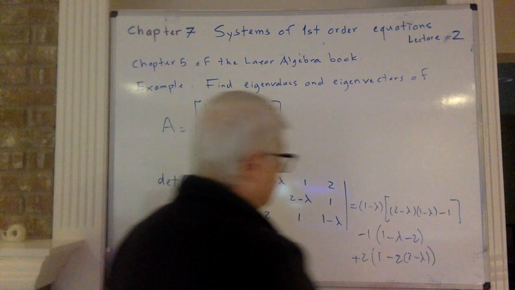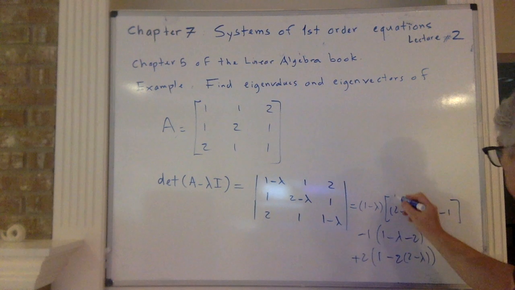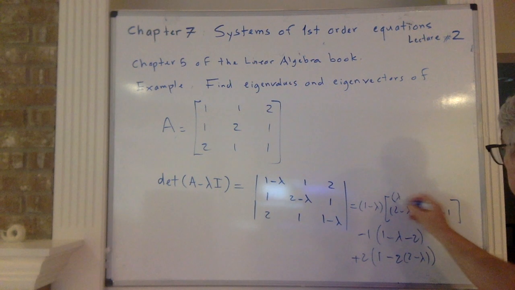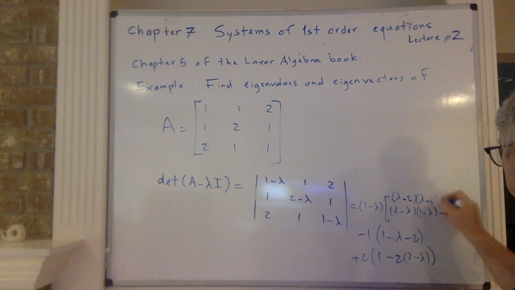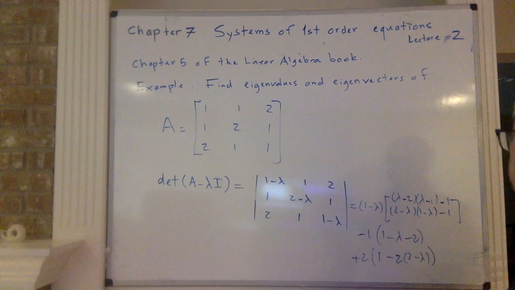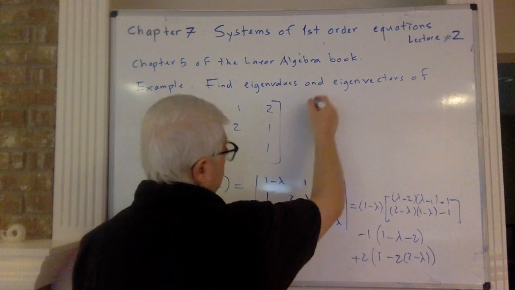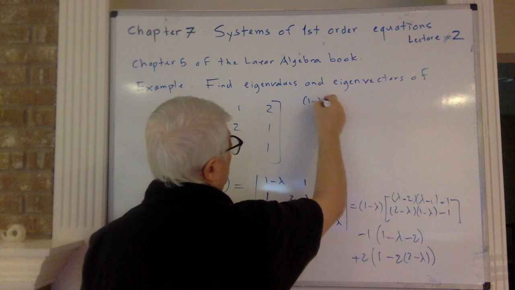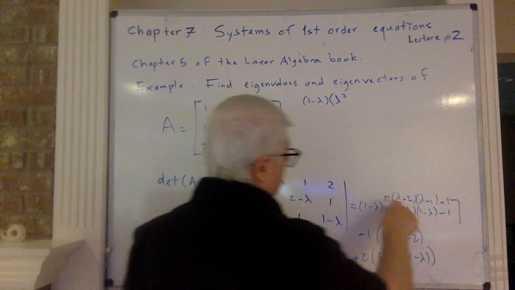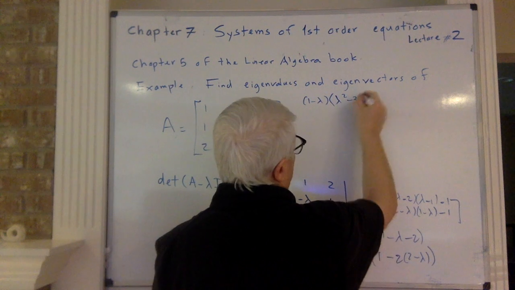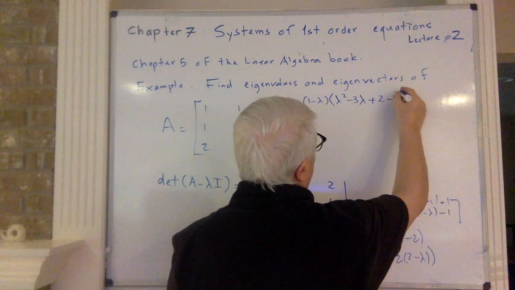Now, the inside, these are simple, but the inside, I can just write this down as lambda minus 2 times lambda minus 1, so it's easier to multiply, minus 1. So let me do the arithmetic up here. So inside I have lambda squared minus 3 lambda plus 2 minus 1.